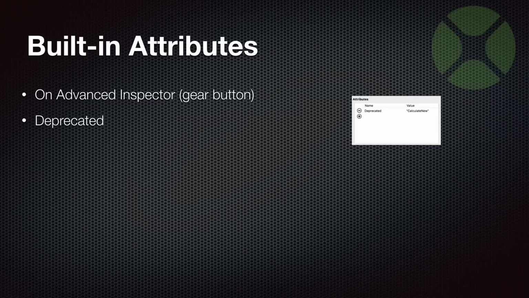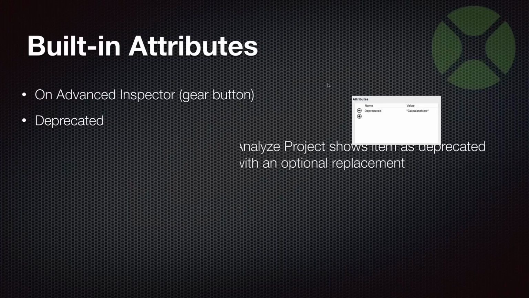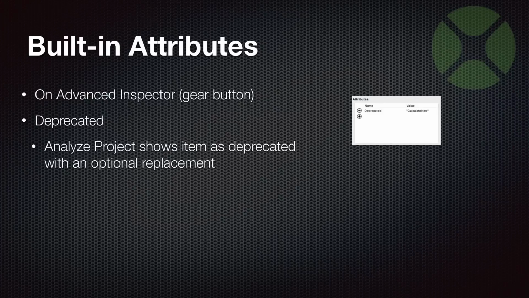If you add that attribute to your method or class, you can also add an optional value that would indicate what you feel the replacement would be. Now with something that's tagged as deprecated, when you do an analyze project, the item will show as deprecated in there, and the optional replacement will appear to let people know what they should use instead.